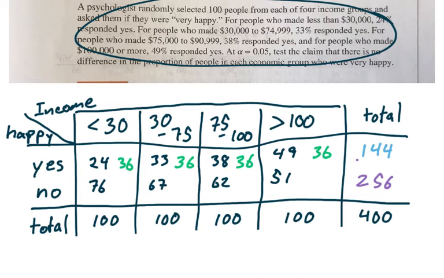Okay? Similarly, for this value, I'll just write it in green. We're going to be multiplying 76 plus 67 plus 62 plus 51, which is 256, times 24 plus 76, which is 100, right? So the row total times the column total will give us the expected value for that particular observed value.